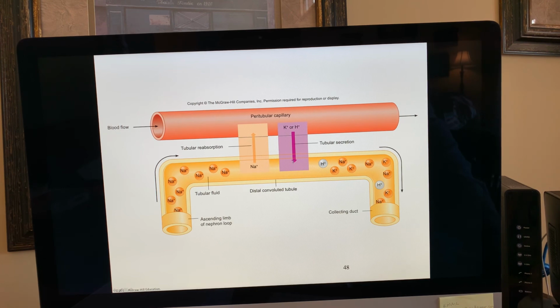It could be a potassium if you have to get rid of excess potassium, or let's say you took a couple of aspirin and aspirin decreases the pH of the blood and you want to balance out that pH, you want to get rid of those excess hydrogen ions in that aspirin, what's going to happen is you will pump sodiums into the peritubular capillaries. They will be exchanged for hydrogen ions, and you will excrete those excess hydrogen ions to maintain a blood pH of 7.4, which is normal.